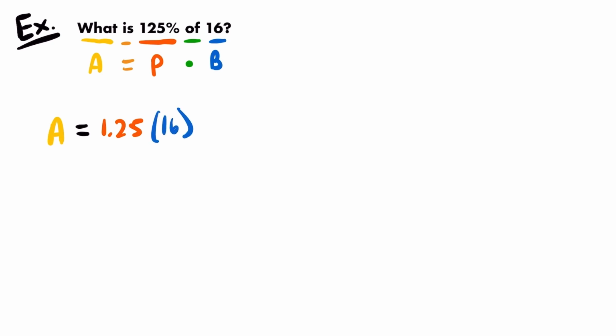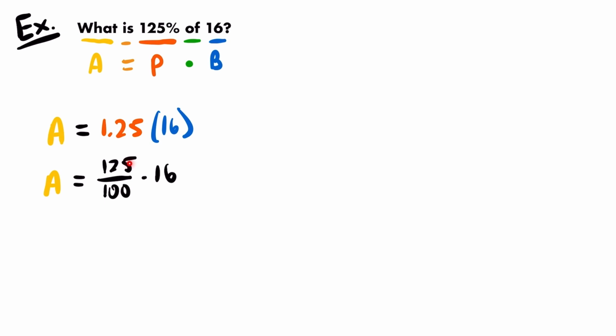All right, and so if you have a calculator, feel free to finish off this problem by taking 1.25 times 16. But if you're going to do it by hand, here's how I would recommend going about it. You can rewrite this decimal as a fraction. Since it's 1.25, you would write it as 125 divided by 100. All right, so the amount A would be equal to 125 divided by 100 times 16.